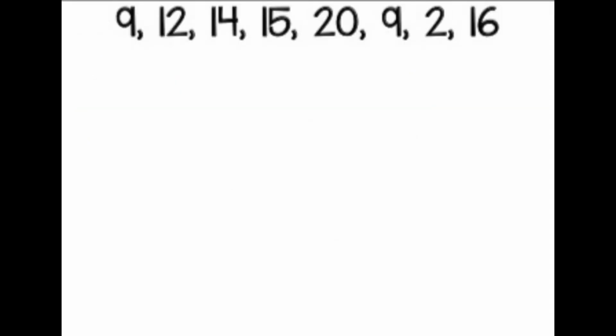Once again, in order to do this, our first step is to order our numbers from least to greatest. This will make it very simple for us to find our greatest value and our least value.